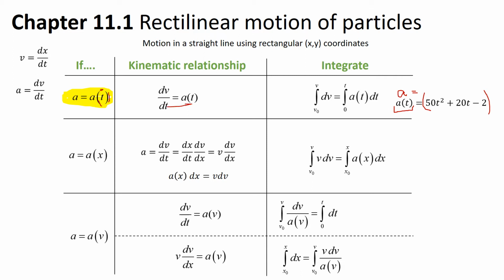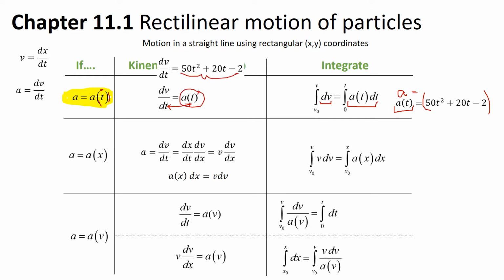And since these two are both time dependent, you might as well put those on the same side of an equation. So we're going to group everything that is time dependent over here, leave the velocity on the other side, and we can integrate this to figure out how velocity changes with time if we have acceleration changing with time. So we're just going to plug an equation in here, okay?